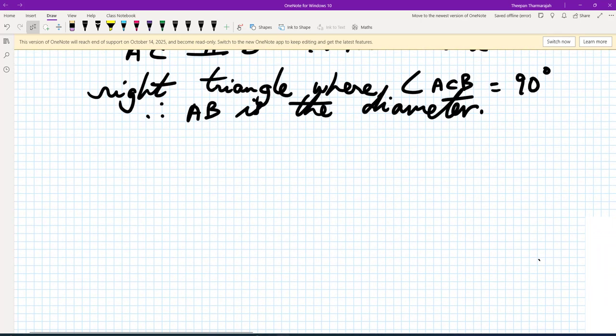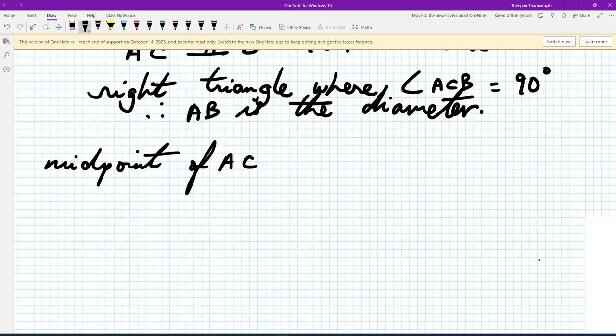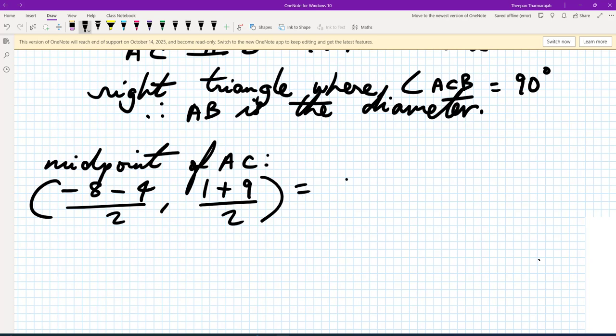So we're going to say that the midpoint of AC, standard, what we've done before, is -8 plus -4 over 2, and then we're going to do 1 plus 9 over 2, and that's going to give me -6 and 5 respectively for the midpoint of AC.